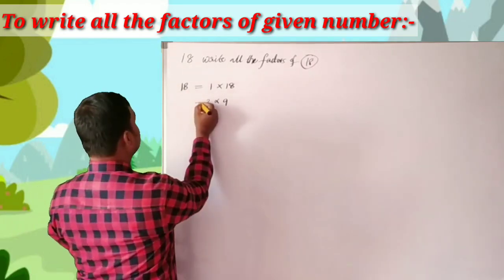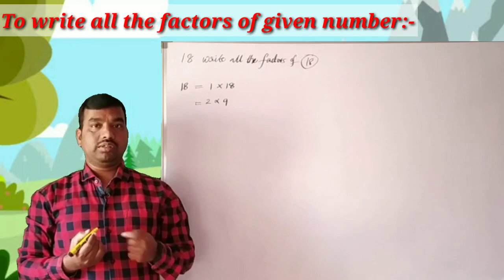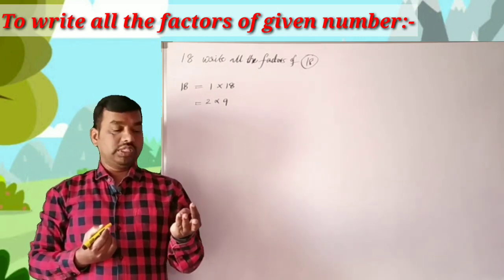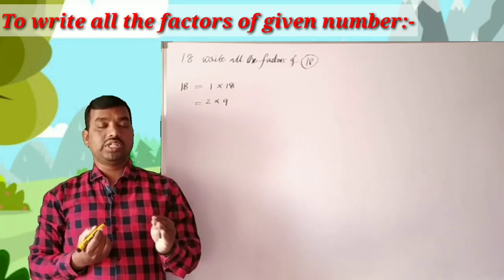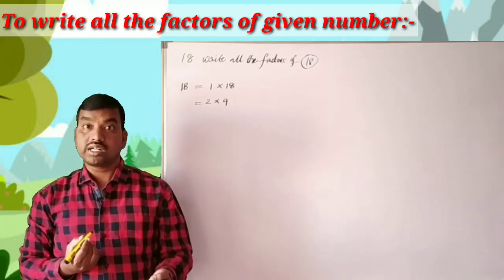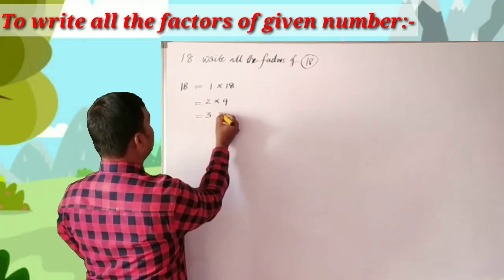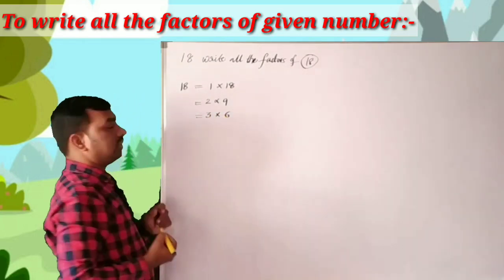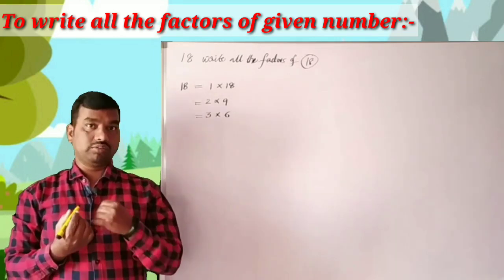Next you take the 3 table. 3 1s are 3, 3 2s are 6, 3 4s are 12, 3 5s are 15, 3 6s are 18. So you take 3 6s are 18. Next you take 4.